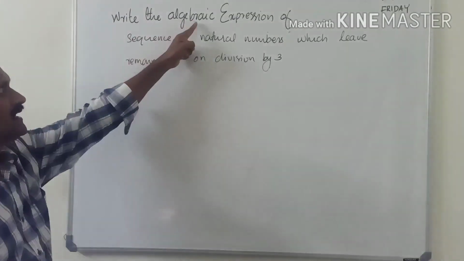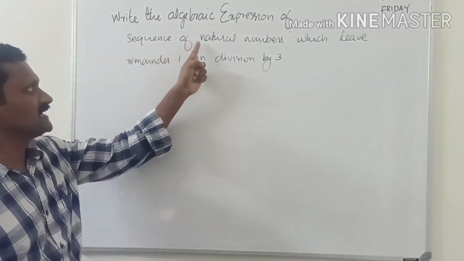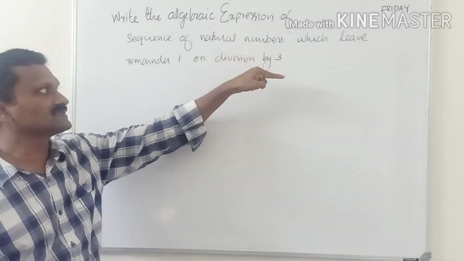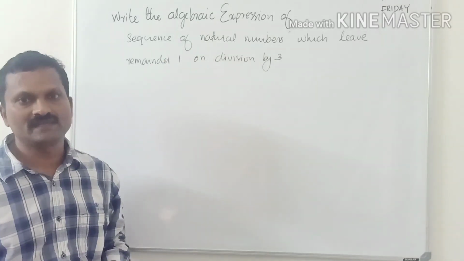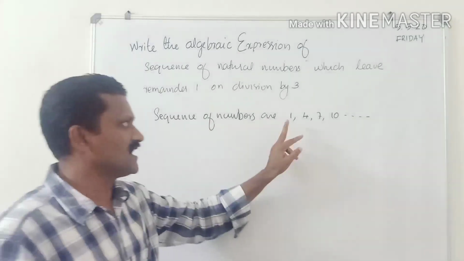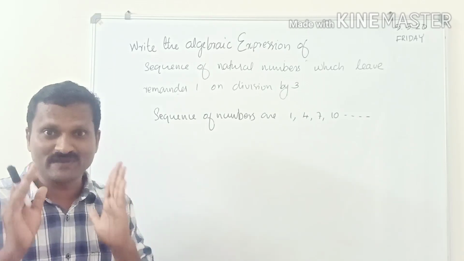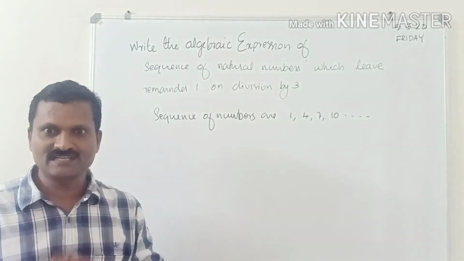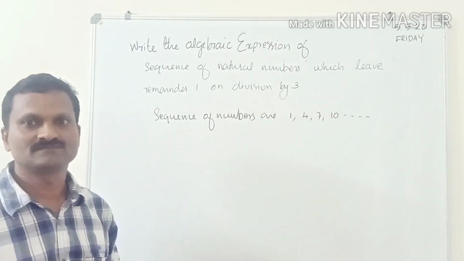Next one. Write the algebraic expression of the sequence of natural numbers which leave remainder 1 on division by 3. Here, the sequence of numbers is 1, 4, 7, 10, etc. We have to establish a relation between natural numbers and these terms.